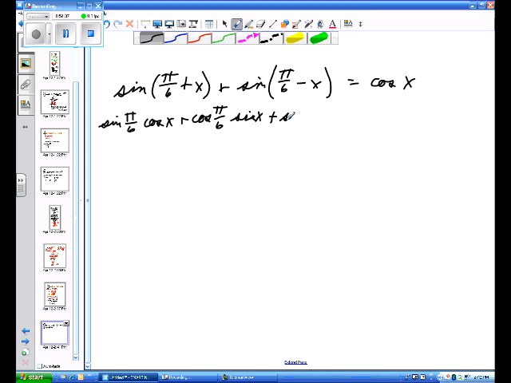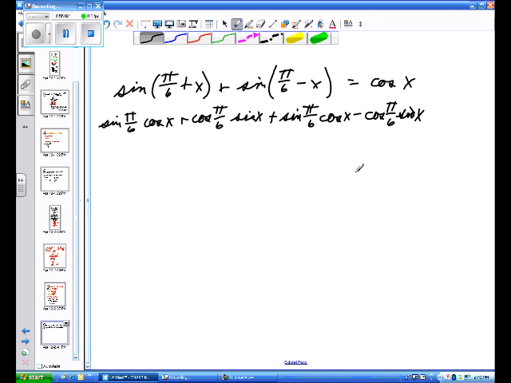Then expanding this one, it's the sine of the first, cosine of the second, minus cosine of the first, sine of the second. Okay, and we're wanting to show that this is the cosine of x.